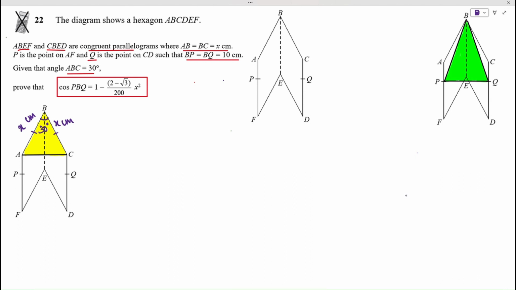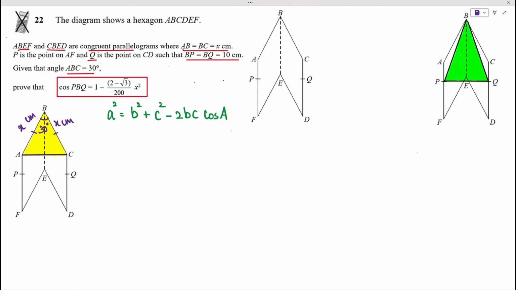So to find AC, we can use the cosine rule. So the cosine rule is a squared equals b squared plus c squared minus 2bc cos A. So lowercase a is the side opposite angle A, b and c are the two other sides, and A is the angle opposite side a.